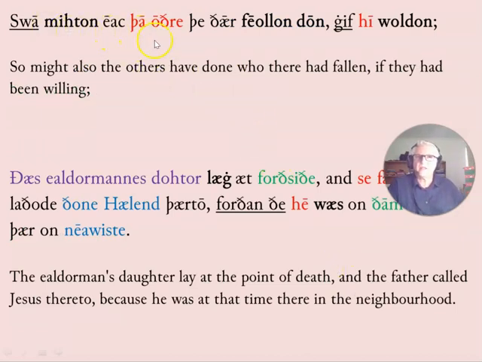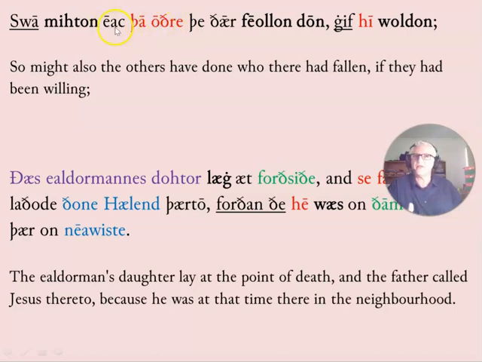Swa michten tha ultere theathar feolon don. If he woldon, so might also the others have done who there had fallen if they had been willing. Okay, the others there. Fa is an indicator of you have the nominative there. Fa ultere, which is also nominative, so that tells story.